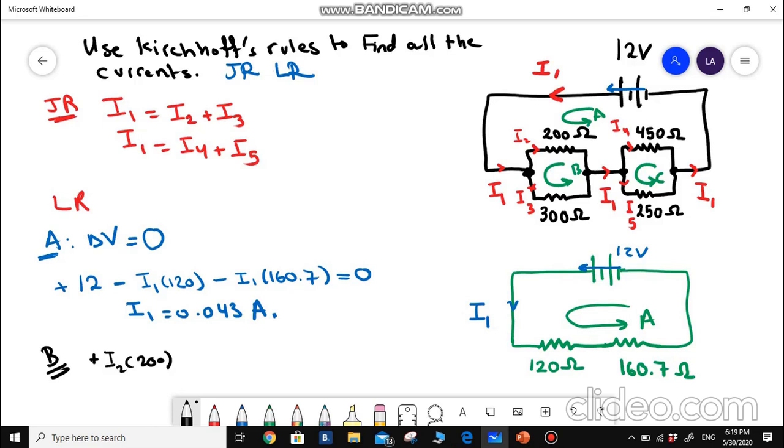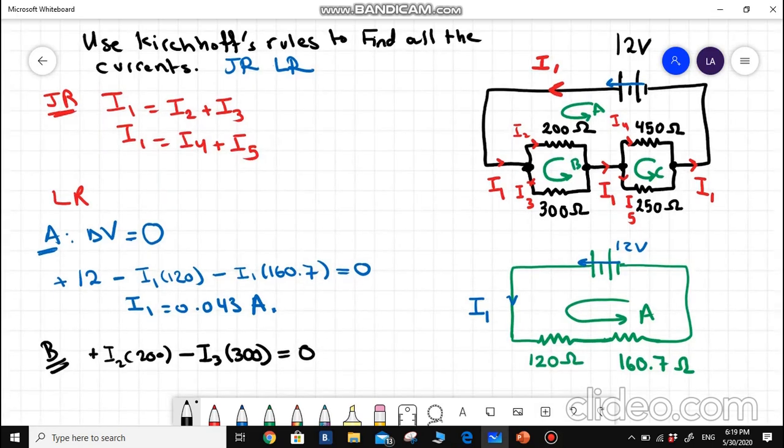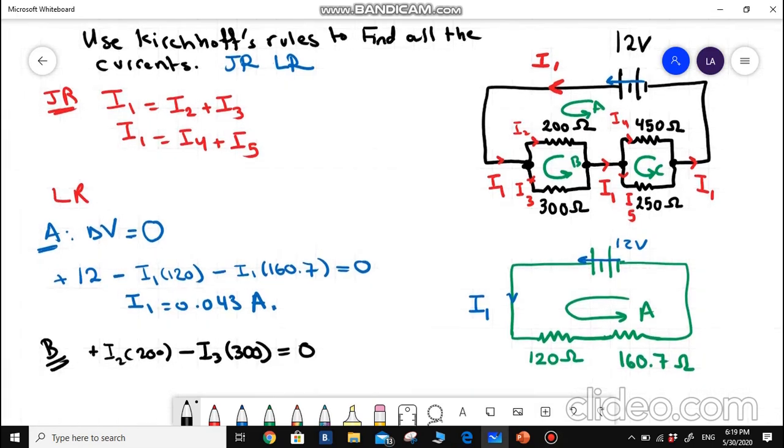Kirchhoff's rule has a self-correcting nature. And here for I3, if you follow it, it is with the loop, so negative I3 times 300 ohm. This will give me 0. Now, to solve this equation, I need to get some help from the formula that I found here.